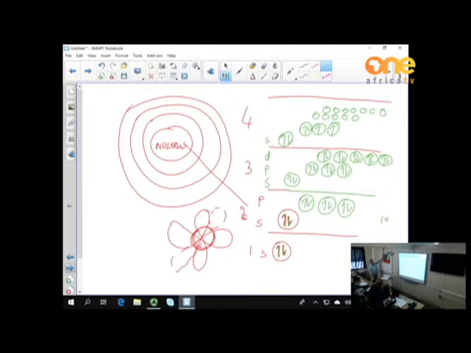This one will have 2 electrons in the 1, 2, 3, 4, 5th shell, the S sublevel. Okay? These are S block elements.